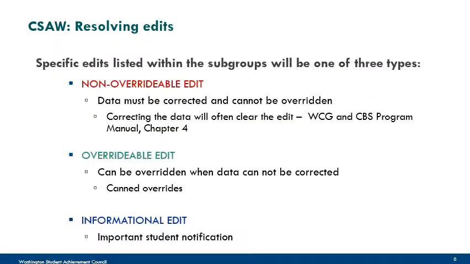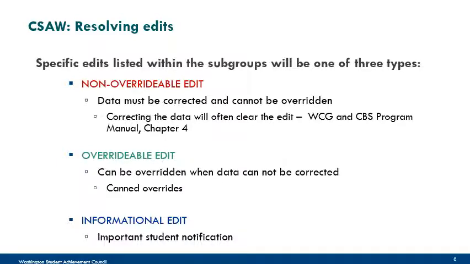Specific edits listed within the subgroups will be one of 3 types. Non-overwritable edit. This is where the data must be corrected and cannot be overwritten. Correcting the data will often clear the edit. For more information, you can see Chapter 4 of the program manual. Overwritable edits. These are edits that can be overridden when you cannot change the data to correct it.